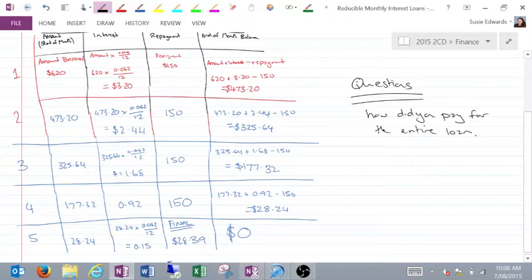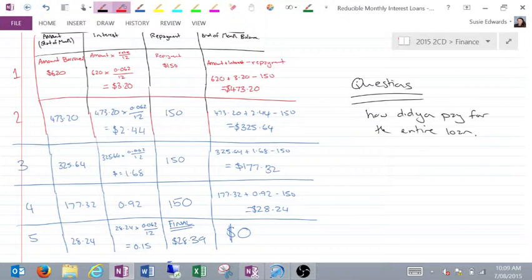How much money did you pay? Pardon? The total repayments, okay? So, no it wasn't. Okay, so how many full month payments did we pay?